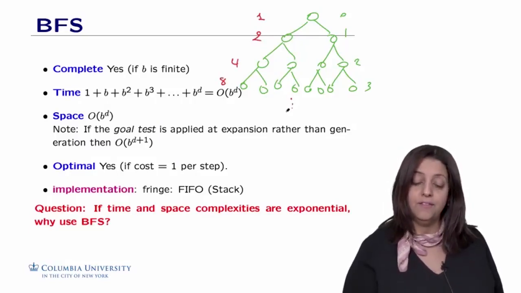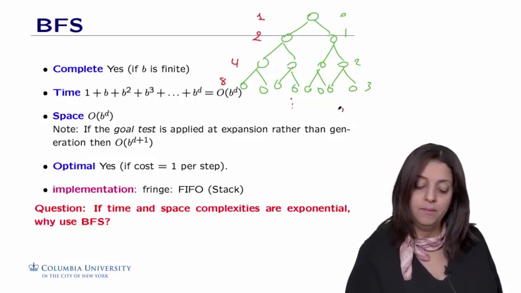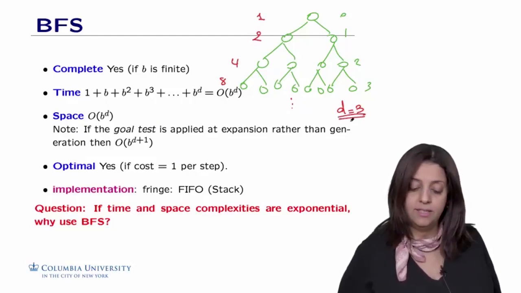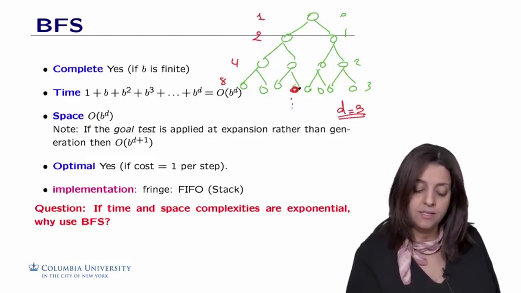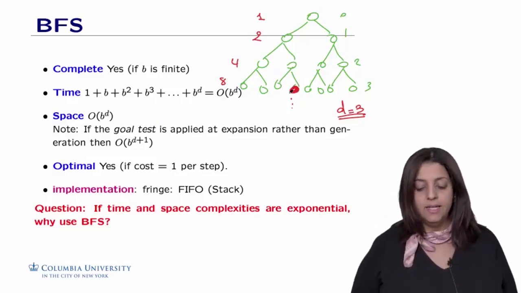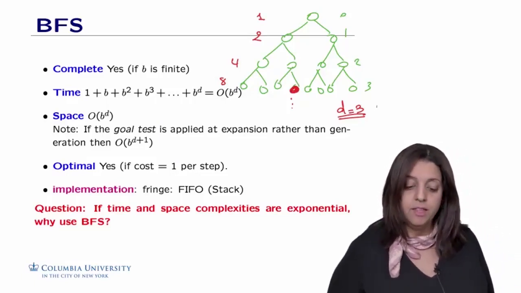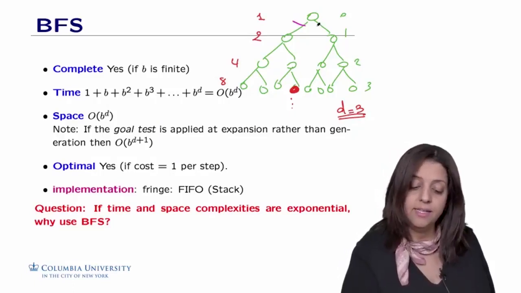If d is equal to 3, this means that we're going to stop at a solution at depth 3. Let's suppose that this is the solution. So if d is 3, the maximum we could go would be d equal 3. The branching factor in this case is b, and it's equal to 2.